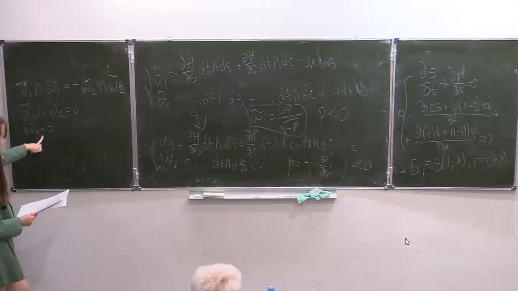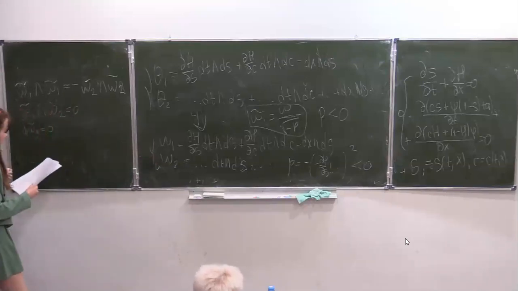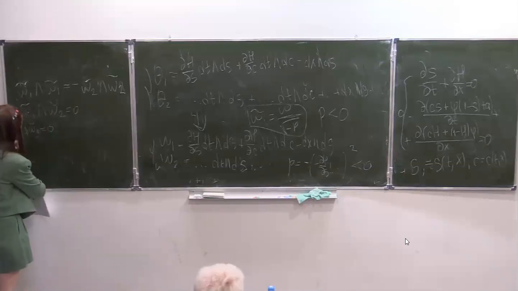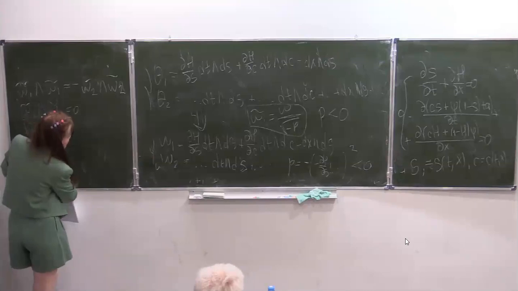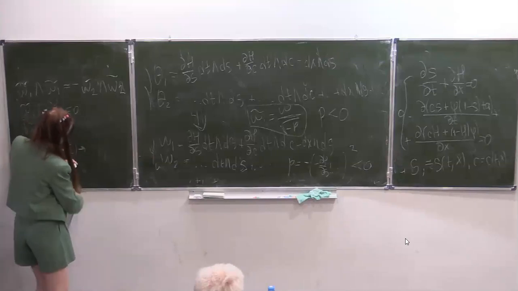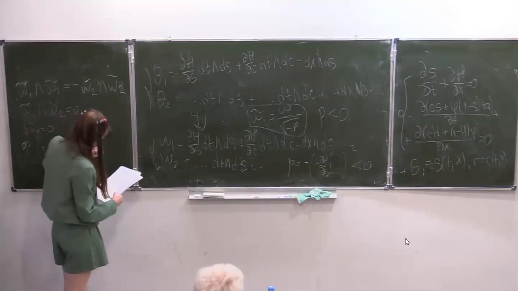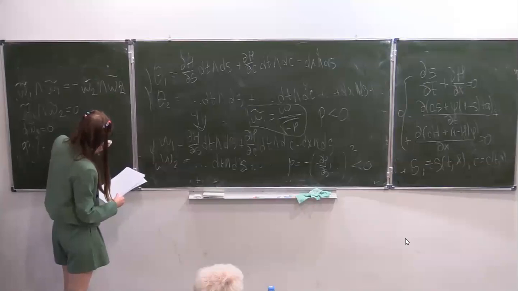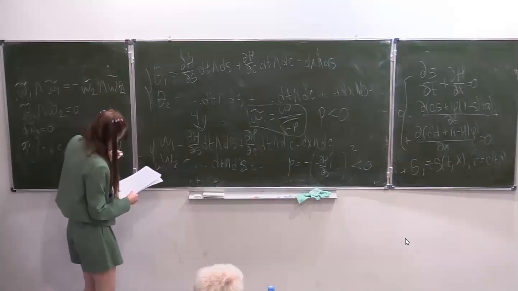Exterior derivative of this form equals 0. And after transformation phi, the x is to h s minus x h c.